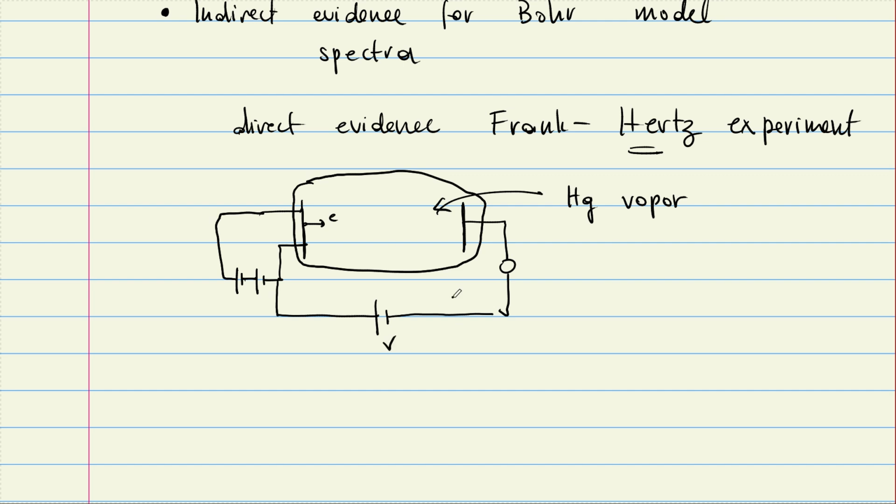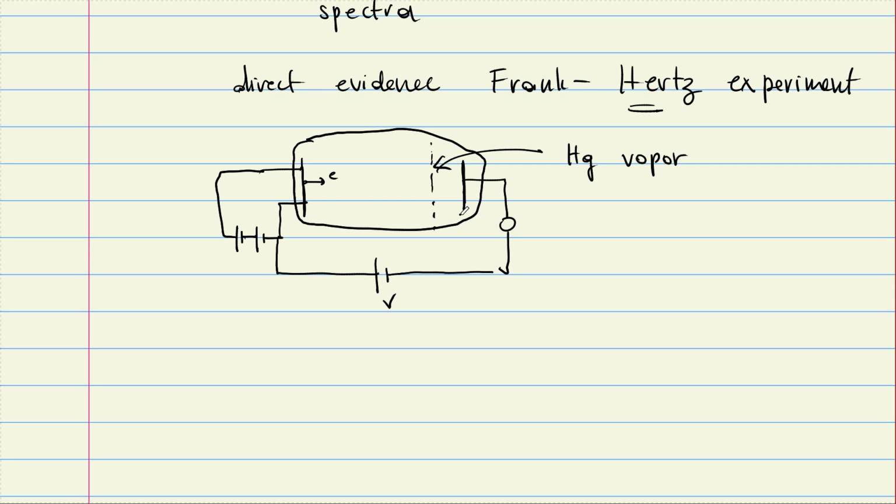Okay, this is V, the accelerating potential. There are some technicalities, like a filter to remove small noise, but it's not important, so let me not mention it. What you do in this experiment is, as V is increased, the potential speeds up the electrons.